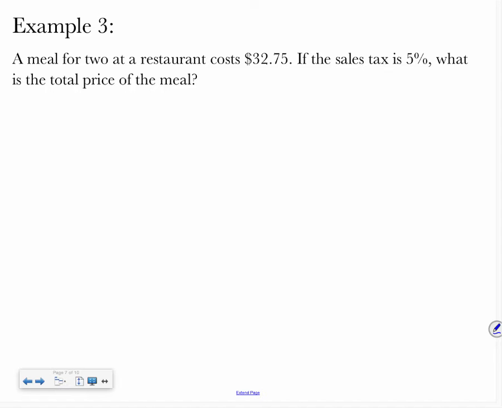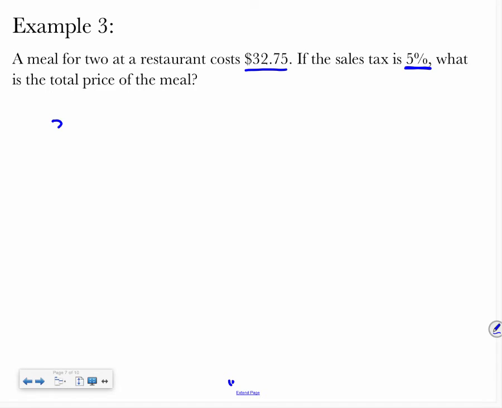So a meal for 2 at a restaurant is $32.75, and sales tax is 5%. What is the total price of the meal? Alright, so we know that 5% of our total bill is going to be taxed. Okay, so we know that that is going to be added on to our meal cost. So the way that you can do that, I'm going to show you 2 different ways.